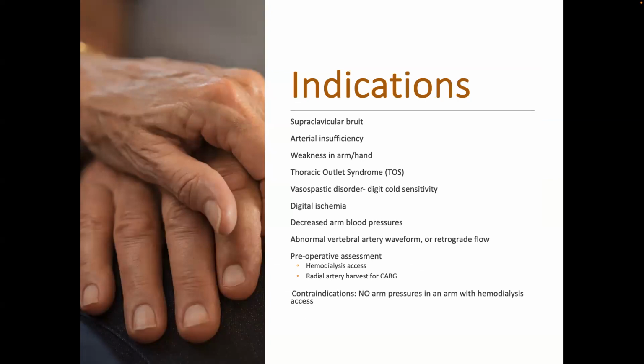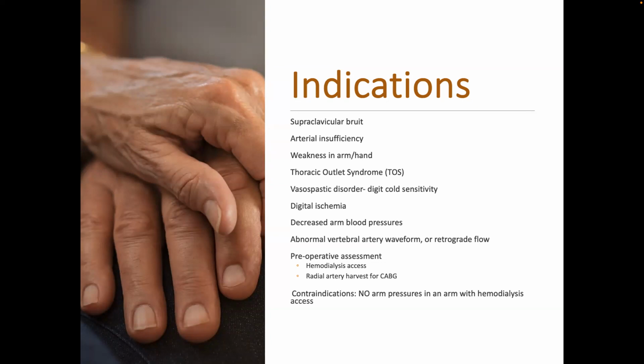Some indications for why a physician would order an upper extremity arterial exam is if they hear some sort of bruit, if the patient is experiencing weakness in the hand or arm, or any kind of syndrome like thoracic outlet syndrome, which we won't talk about today, but we will in another lecture.